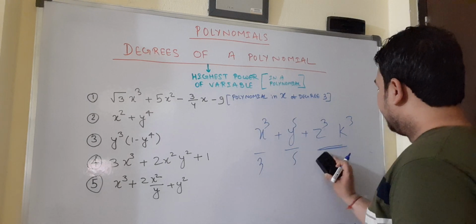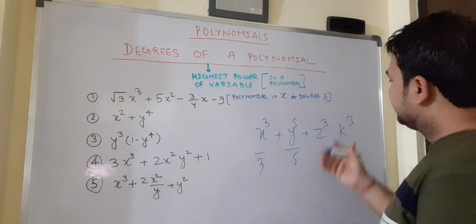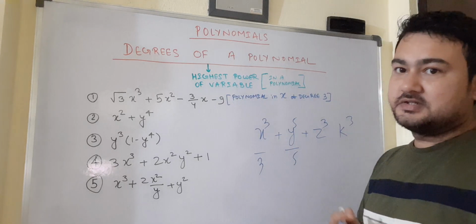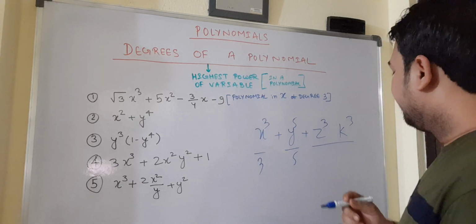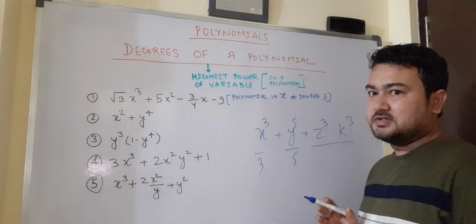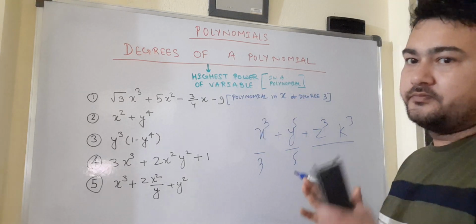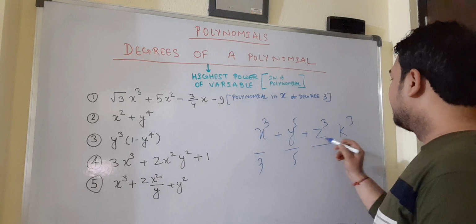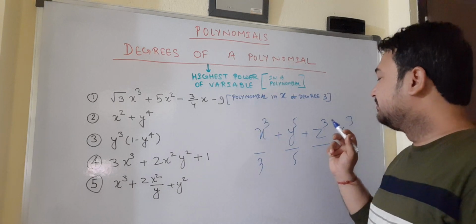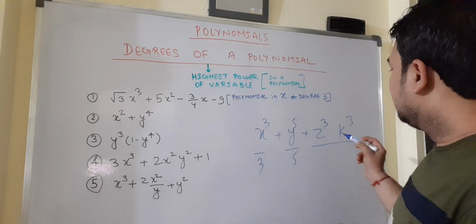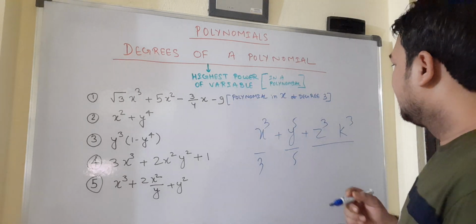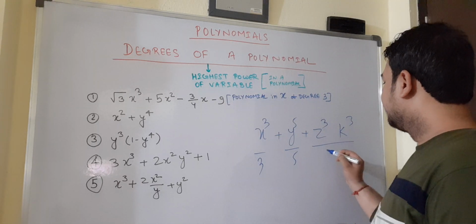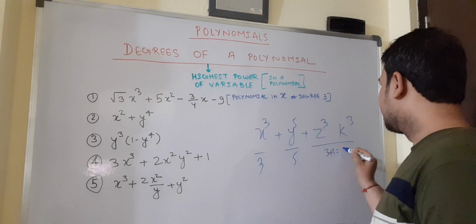So we will forget that these two are different variables. They are lying in the same term. If two or more variables are there in the same term, then their powers add up. So here the power will be 3 plus 3 equals 6.